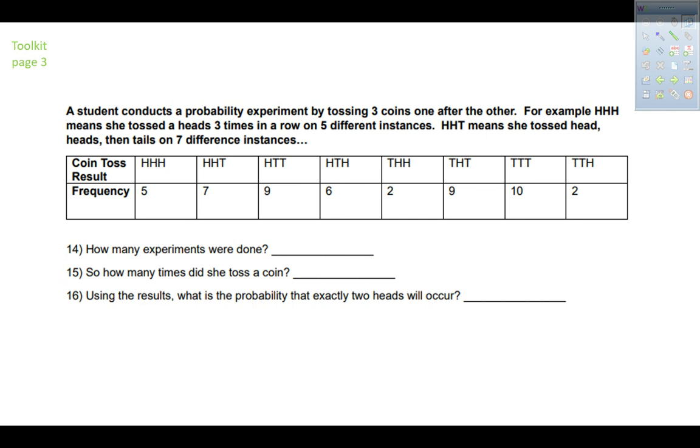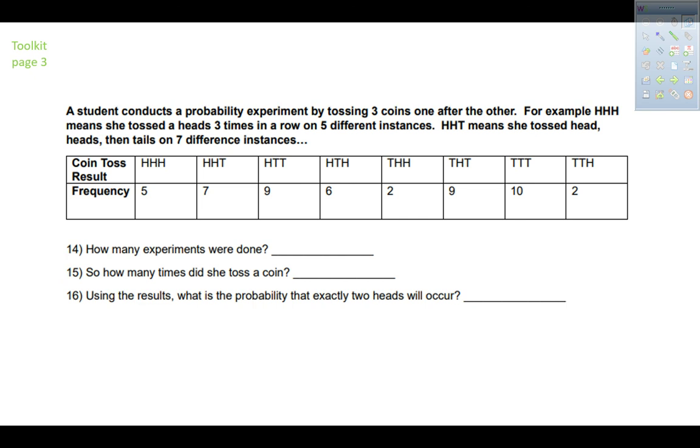So she's going to flip, flip, flip, record. This 5 means she flipped three times and got 3 heads in a row, but she did that 5 different times. Here, she got heads first, heads second, then tails, 7 different times. Heads, tails, tails: she got a heads, then tails, on 9 different occasions.